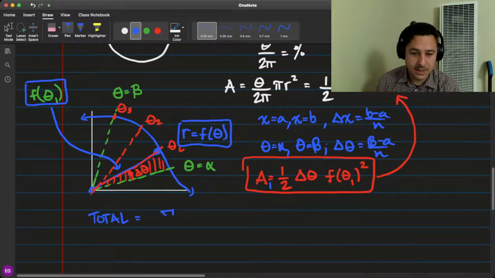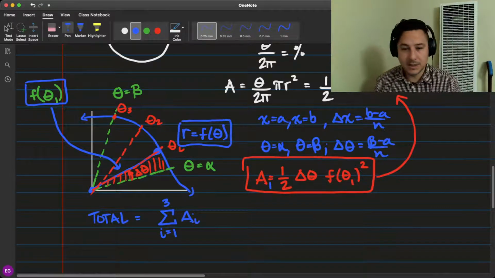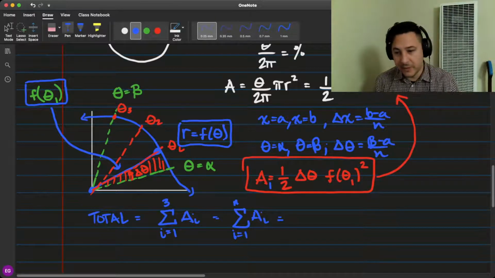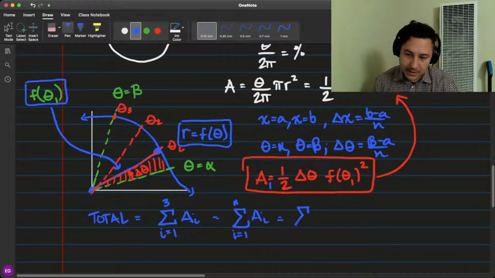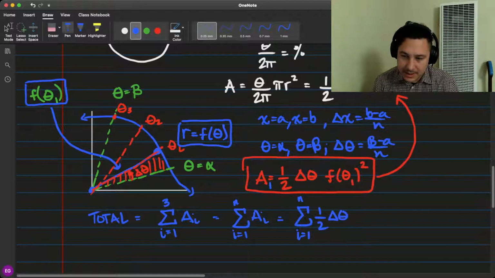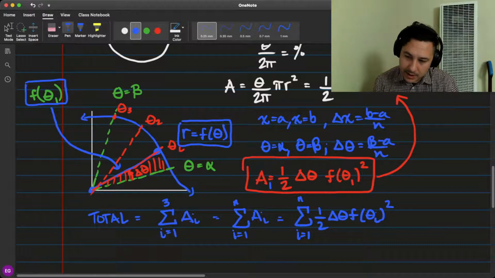You would simply do the sum from i equals 1 to 3 of A i. You would add up those 3. Generally, if you had n of them, you would say the sum from i equals 1 to n of A i. And we have a formula for each of these A i's. You would say the sum from i equals 1 to n of 1/2 delta theta times f of theta i, quantity squared.